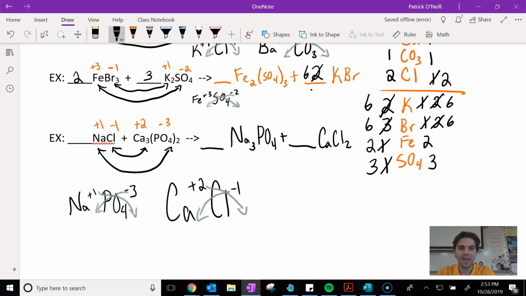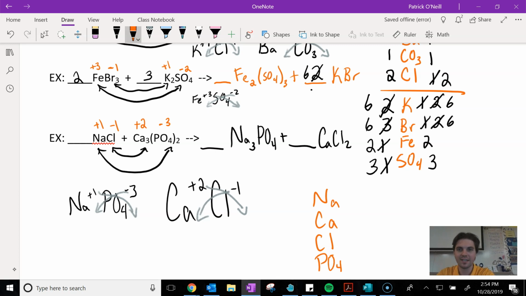Okay, and lastly, all we have to really do for this is make our chart to balance it out, because you need to have the same amount on both sides, what you're working with. So we have sodium, we have calcium, we have chlorine, and we have phosphate.